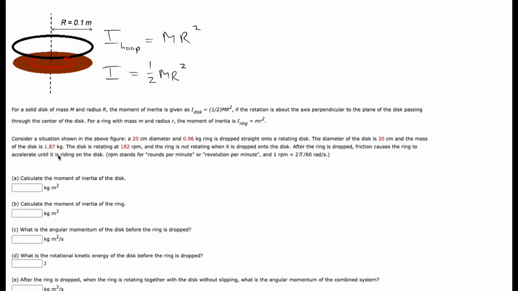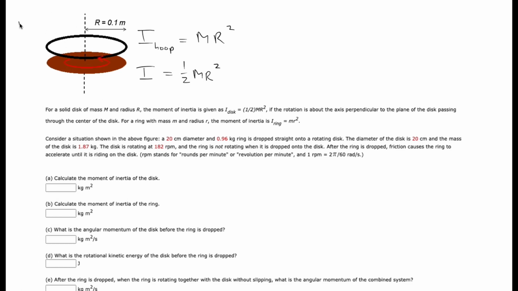Okay. They say, consider a situation where you've got a 20 centimeter diameter object and a mass of 0.96 for the ring. They give a disk mass as well. It's 1.87.